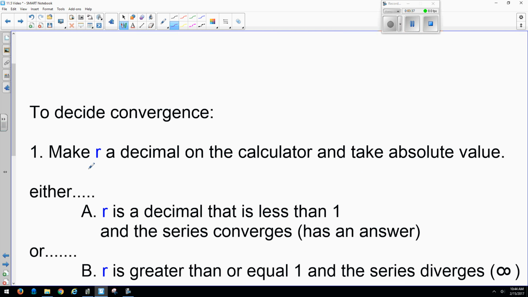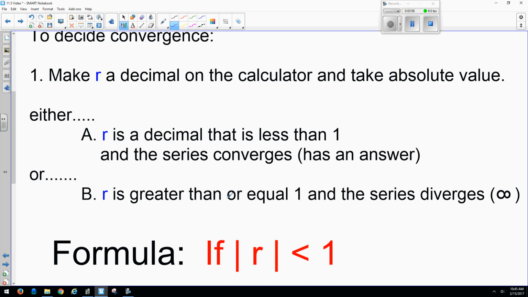First, we figure out what the common ratio is, and take the absolute value of that. If the absolute value of the common ratio is less than 1, then the series converges. It becomes just a number. If it's greater than or equal to 1, then it diverges and approaches infinity.